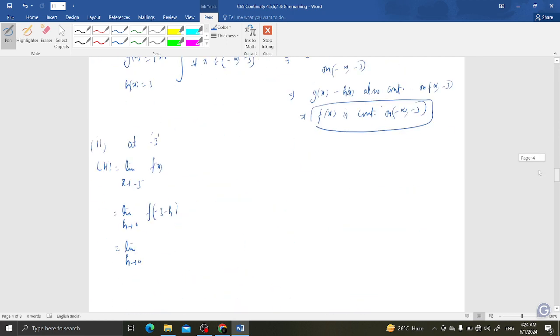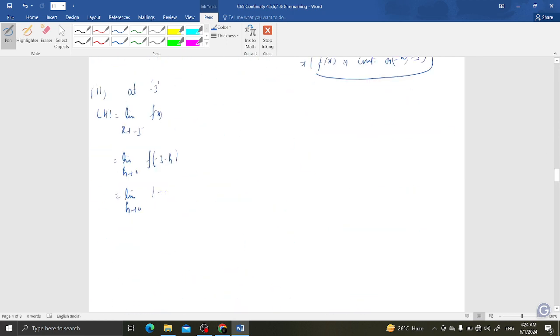Here I will put mod of minus 3 minus h, and plus 3 is there, and we observe that limit h tends to 0, it will be 3 plus h plus 3, and if we apply the limit, we are getting 6.